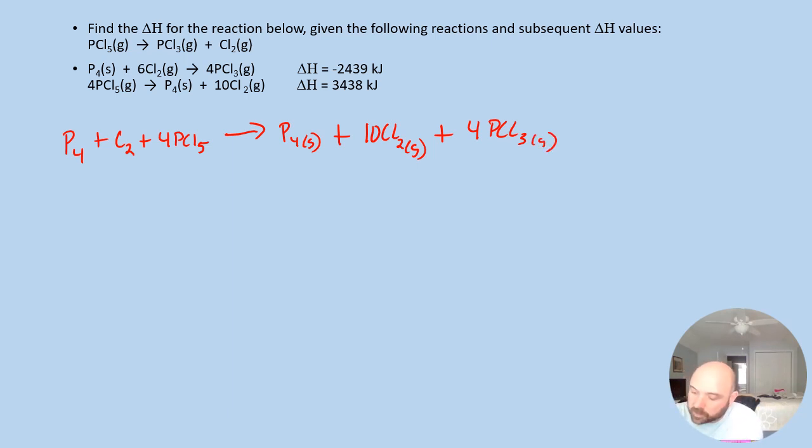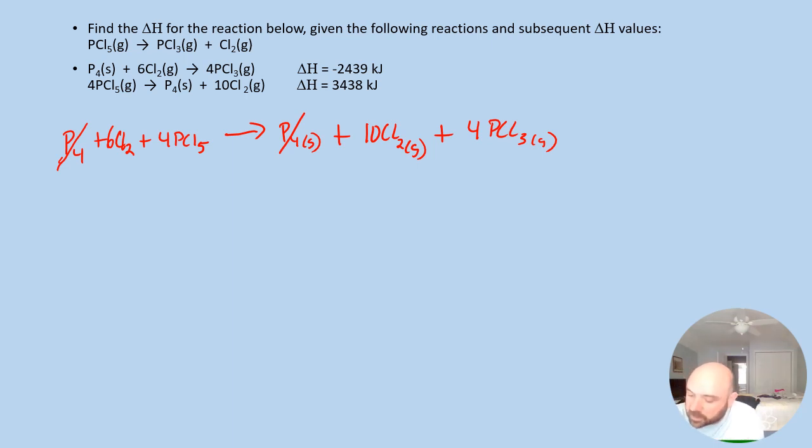I see 1 mole of P4 on the reactant side and 1 mole of P4 on the product side. Because the P4 is used up in the process, we can cancel that out. I see 6 moles of Cl2 on the reactant side, and I see 10 moles of Cl2 on the product side.